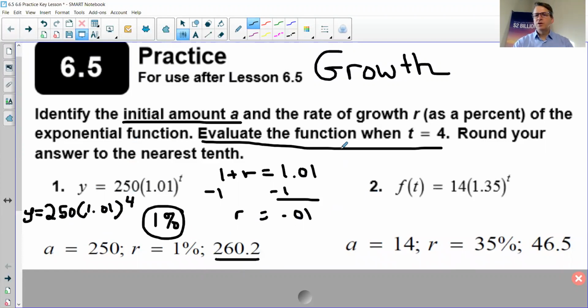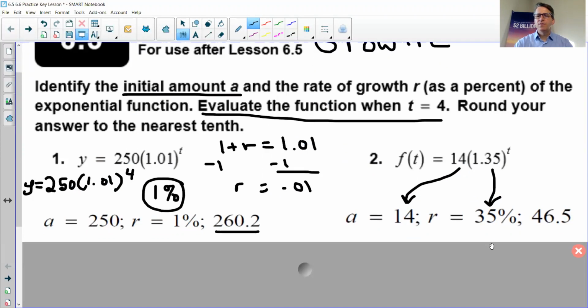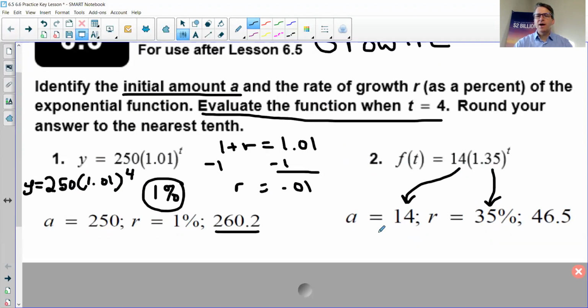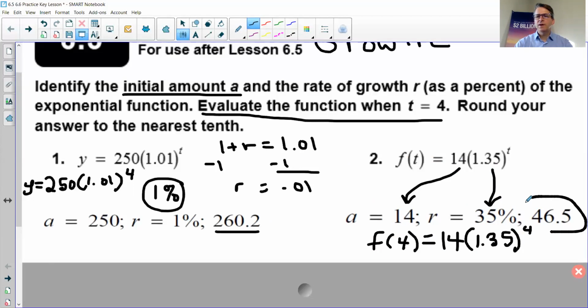For number 2, you've got this 14 out in front. That is going to be your initial amount. The rate is this 0.35 or 35%. If you were to evaluate f at 4, that will be the initial amount 14 times 1.35 raised to the 4th power, and that's 46.5.